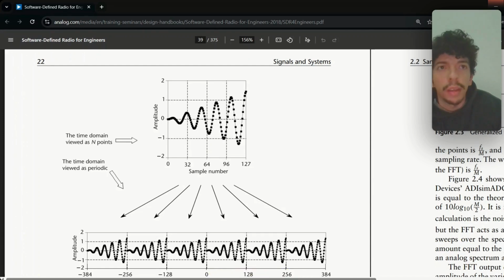Okay, aliasing is not good. And in this case, we have to apply an anti-aliasing filter to mitigate this effect. Okay.